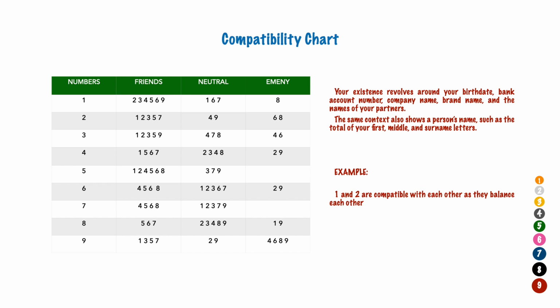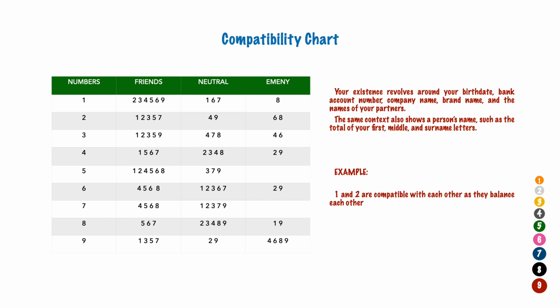Number 2 is friends with number 1, 2, 3, 5 and 7. Neutral relationship with number 4 and 9, whereas they are incompatible with number 6 and 8. Number 3 is compatible with number 1, 2, 3, 5, 9.